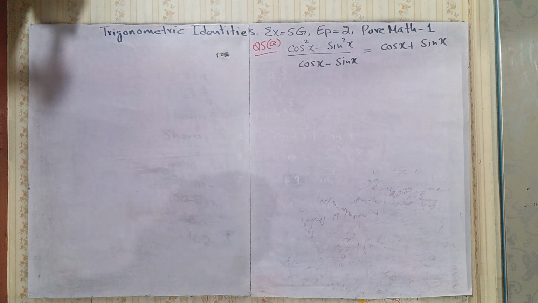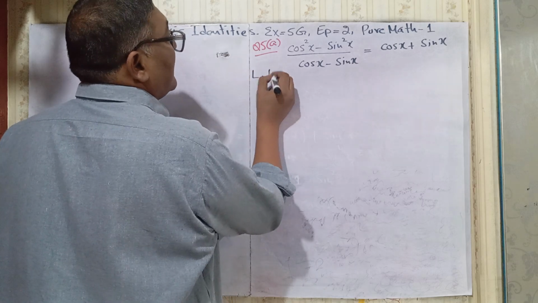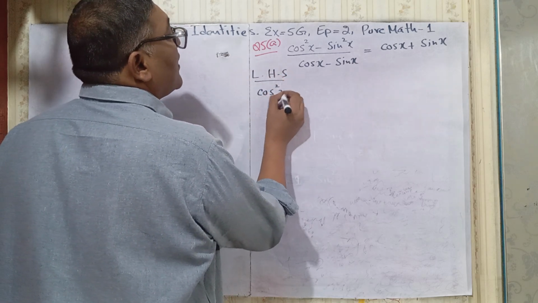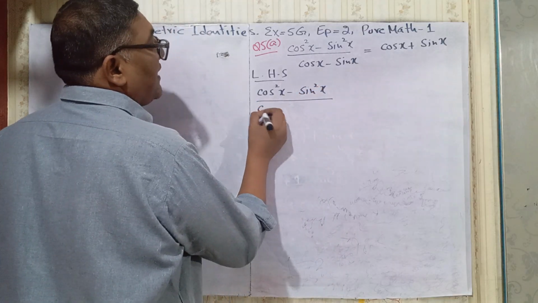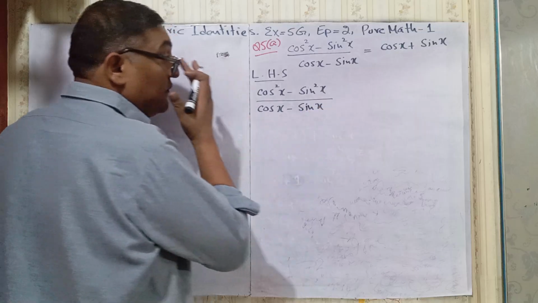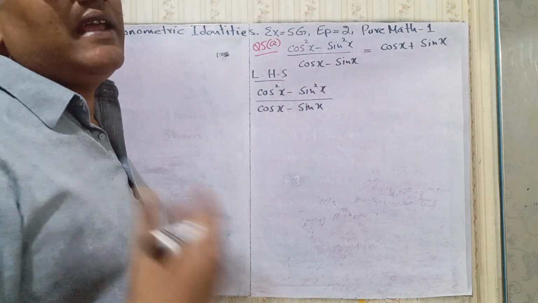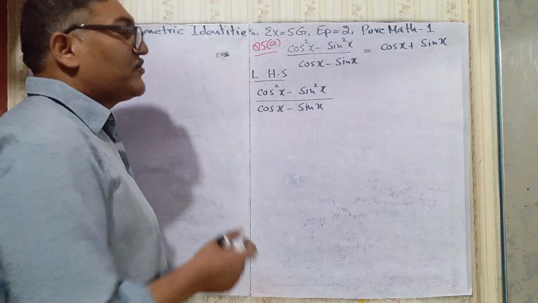What we will do, we will consider its left hand side. So consider the left hand side, and that is cos square of x minus sine square of x divided by cos of x minus sine of x. Okay, so this is like a square minus b square, that is equal to a plus b, a minus b, the difference of two perfect squares.